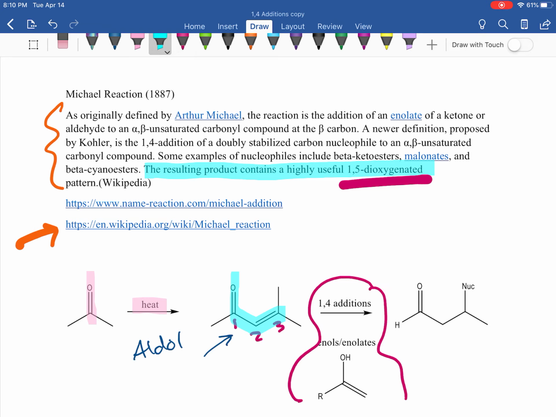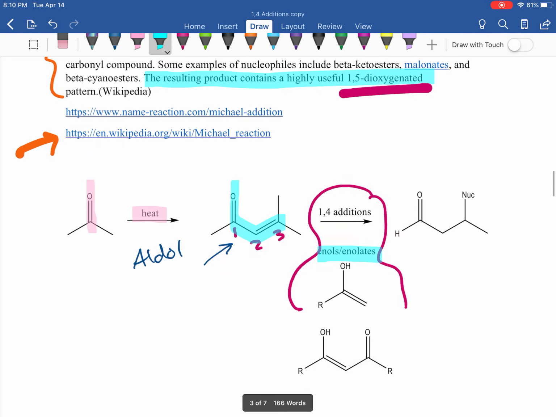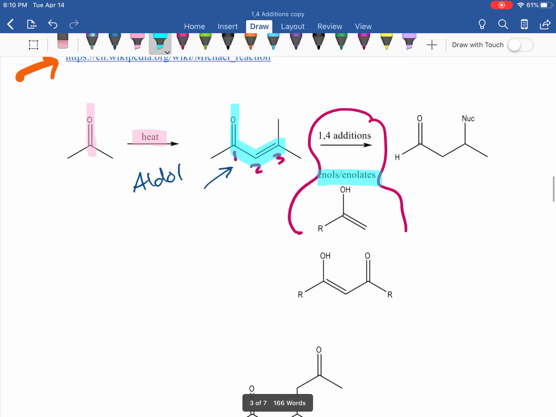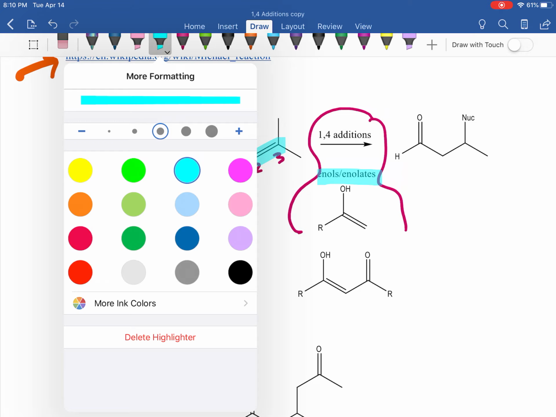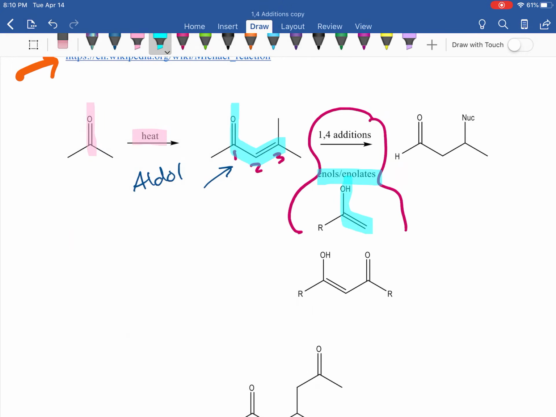What can we add into this second step? Our Michael reaction is quite specific to enols or enolates, but you can have a variety of enols and enolates. As we work our way through this section in our Claisen section, we're going to start with a general enol or enolate like we've seen from a ketone or an aldehyde.